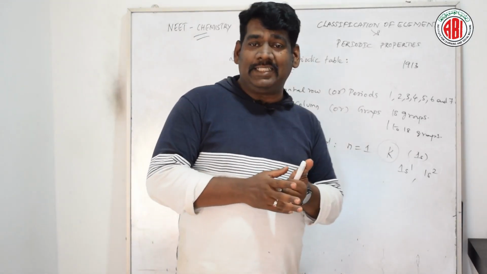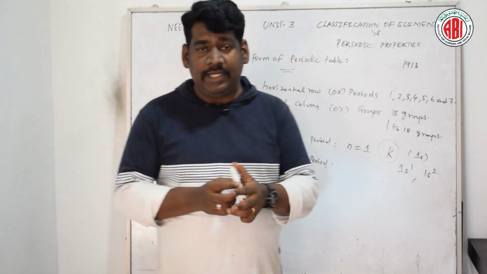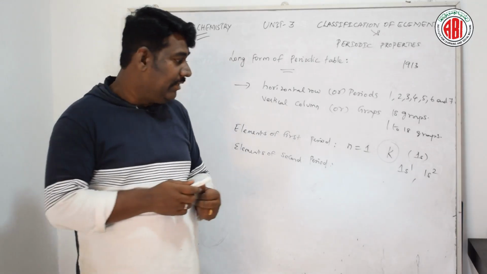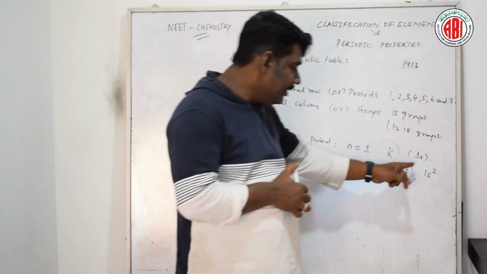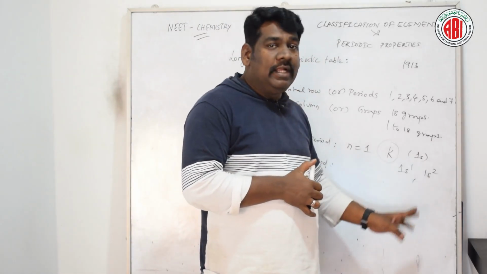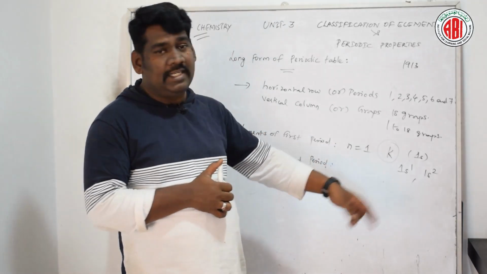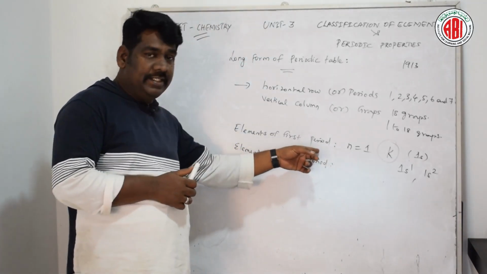So this means that only 2 elements can be accommodated, with 1 and 2 electrons in the first energy shell K. So that could be denoted as 1s1 and 1s2, and these 2 elements are respectively hydrogen and helium. So this is about the elements of first period.